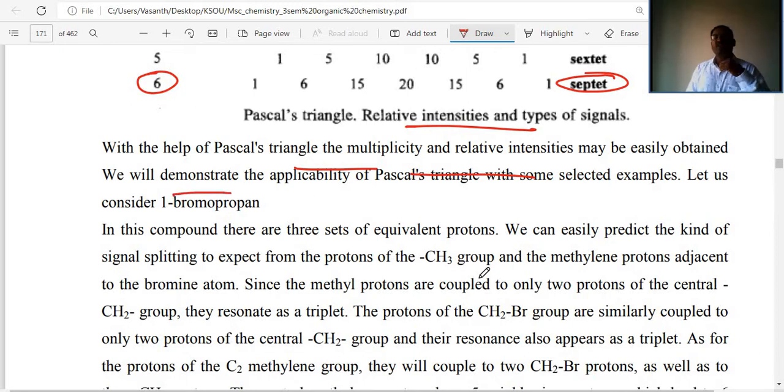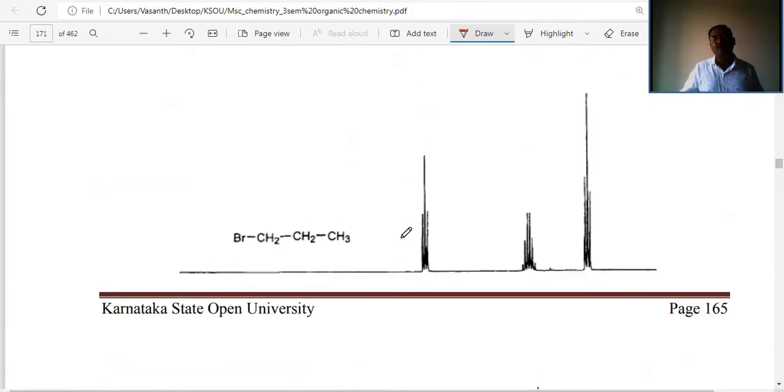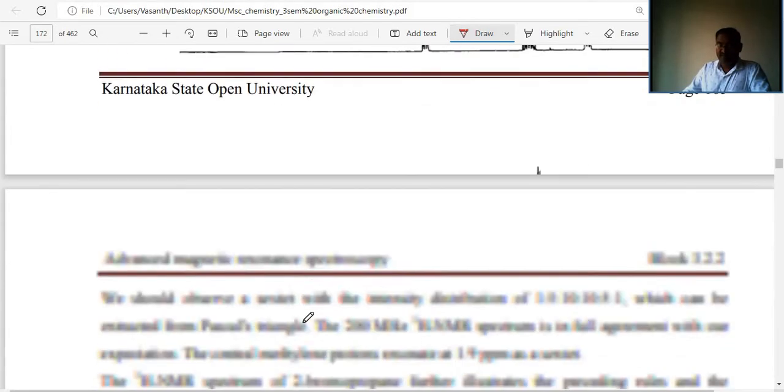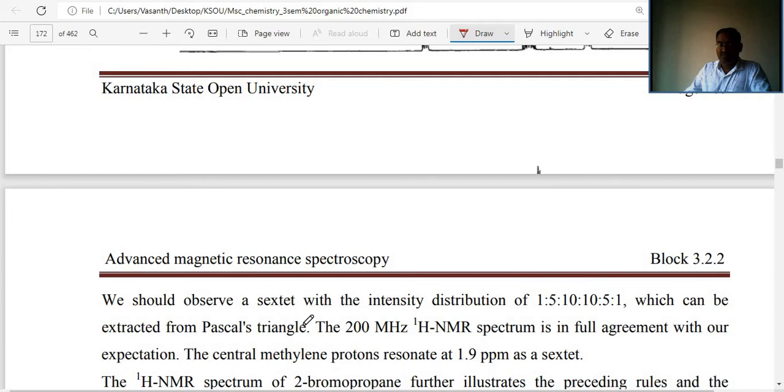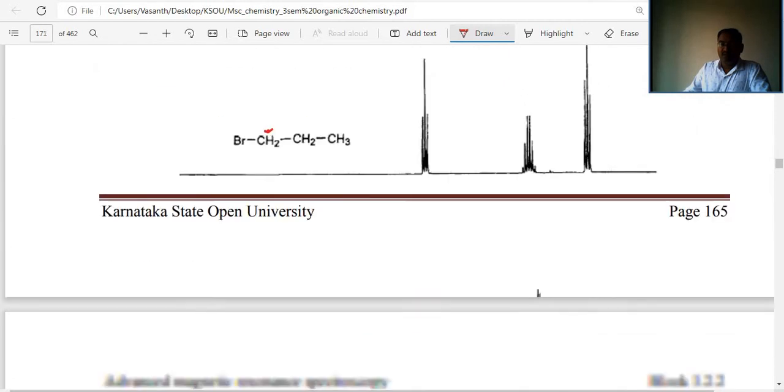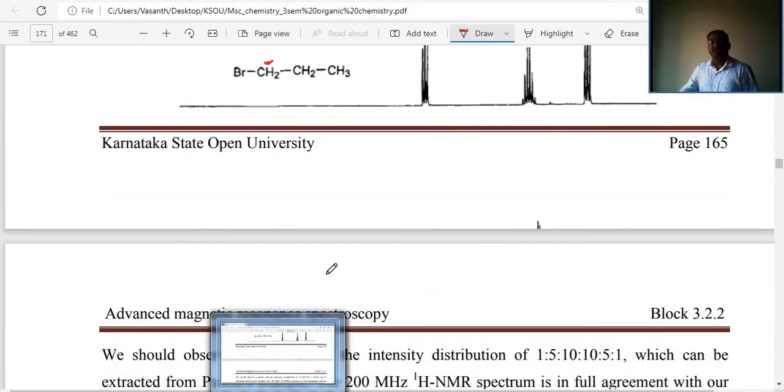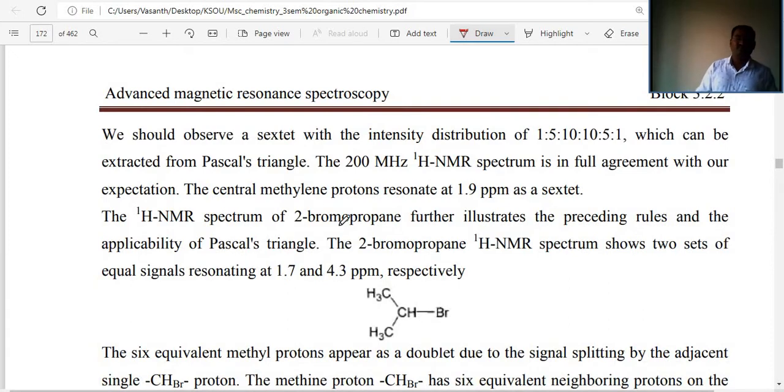We will demonstrate the applicability of Pascal's triangle with some selected examples. Let us consider 1-bromopropane. This is the 1-bromopropane molecule. This is CH3. Next we consider the NMR spectrum of the 2-bromopropane molecule.